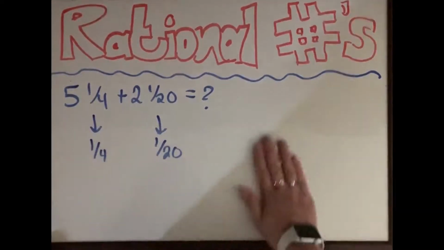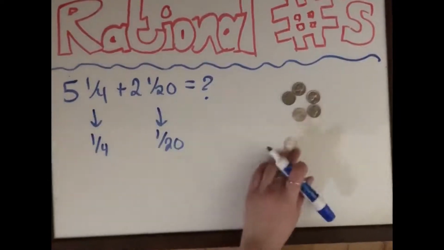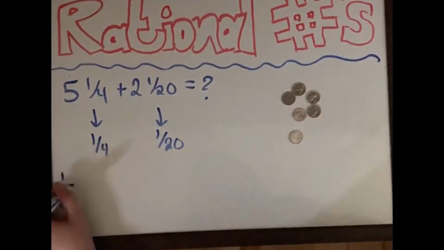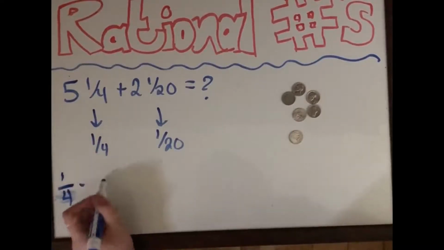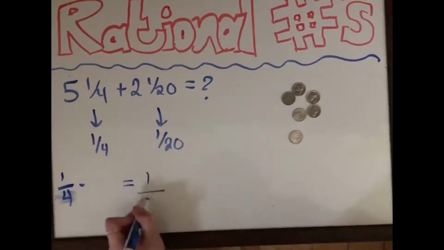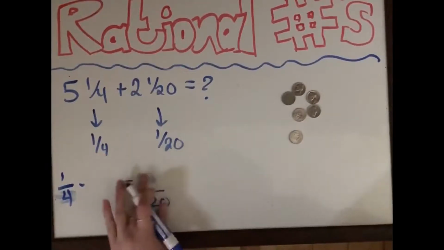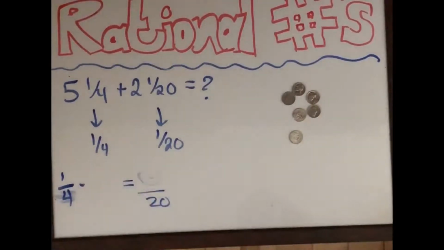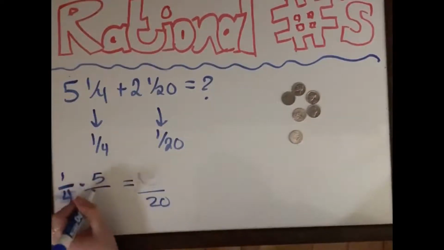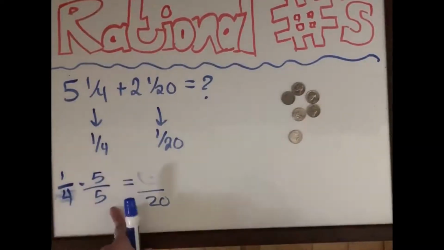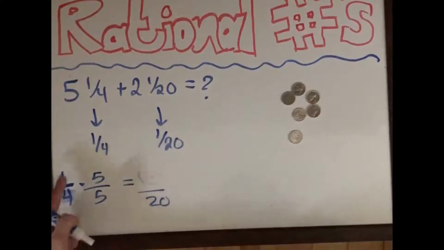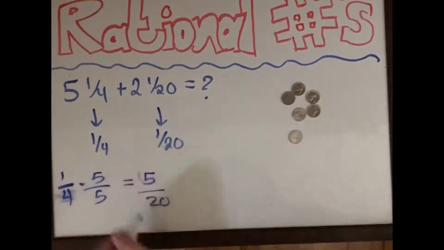So let's do this with math. 1/4 can be converted to something over 20 by a factor of 5/5. So 4 times 5 will give us 20, and 1 times 5 will give us 5, right?